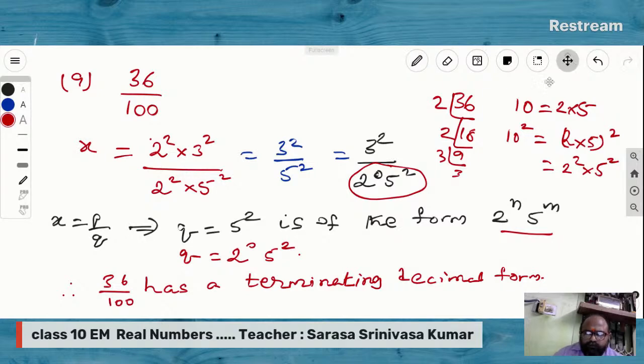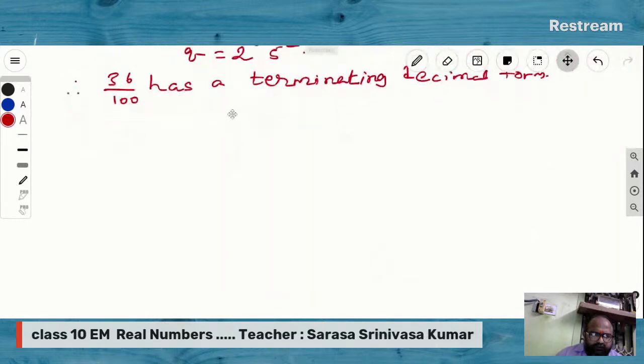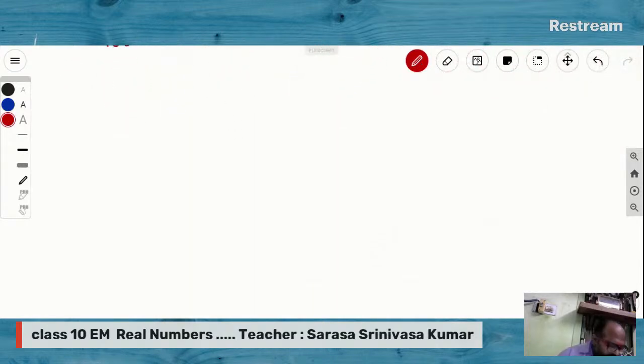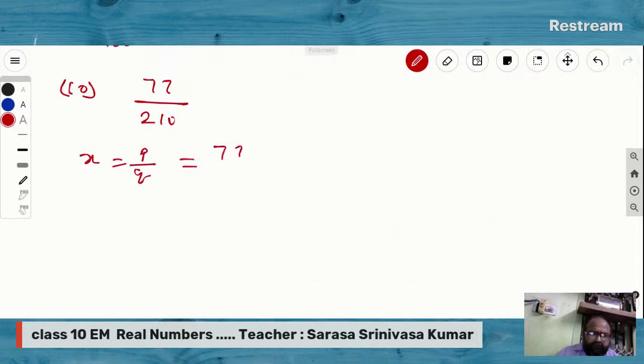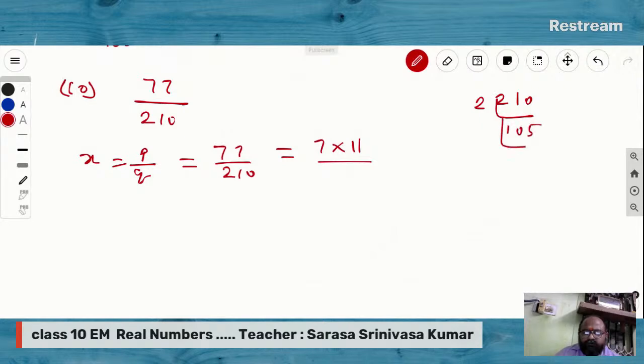So now we consider the last problem today. 10th problem, 77 by 210. So x equal to P by Q. This is equal to 77 by 210. 77 can be written as 7 multiplied by 11, and 210 we find prime factors: 2, 105, 3 35s, 5 sevens.